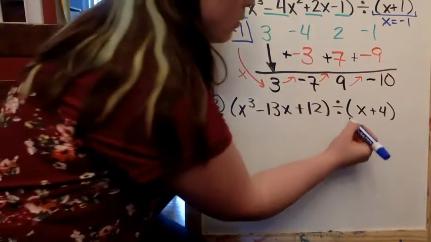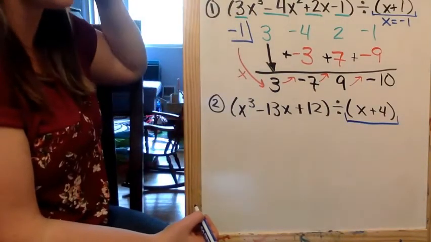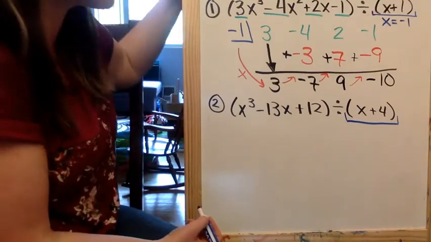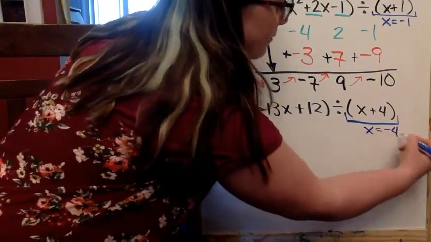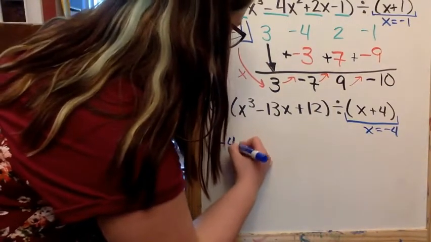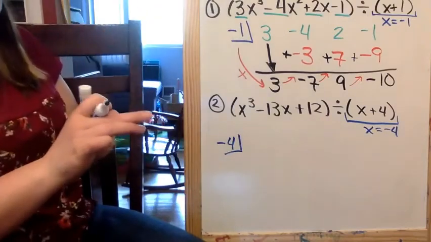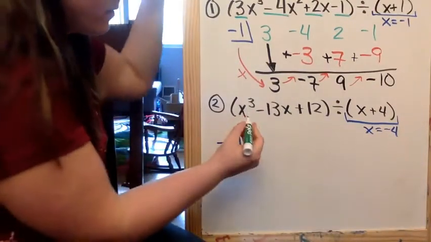So if I'm going over to my divisor here, I'm thinking about what is the 0 of this? I have x plus 4, so x equals -4 would be my divisor. So I'll have my -4 in the box to the left, and then filling in with my coefficients.